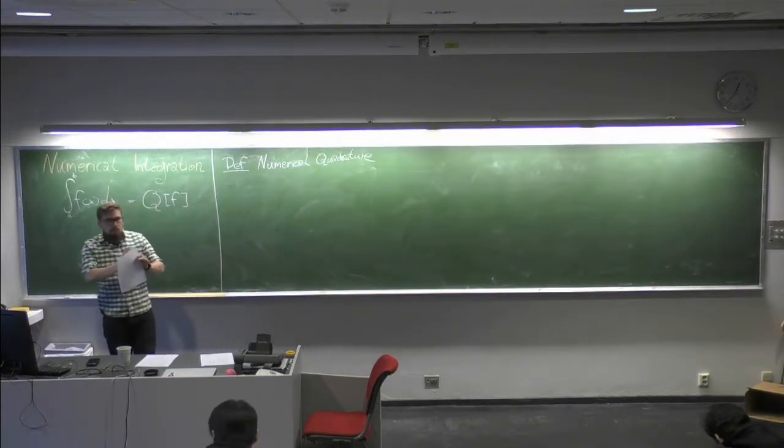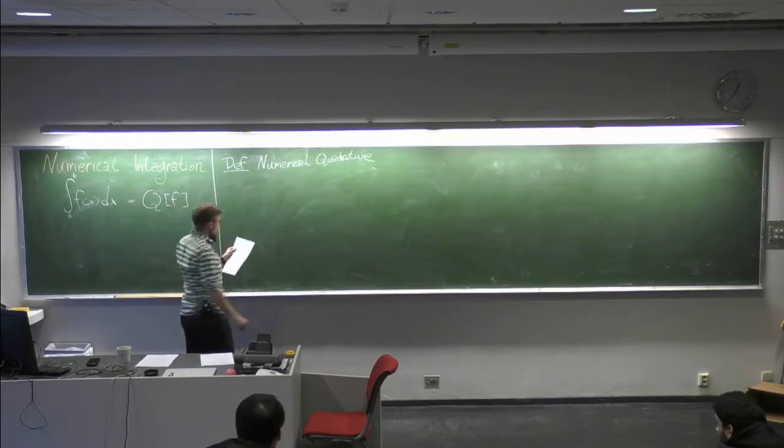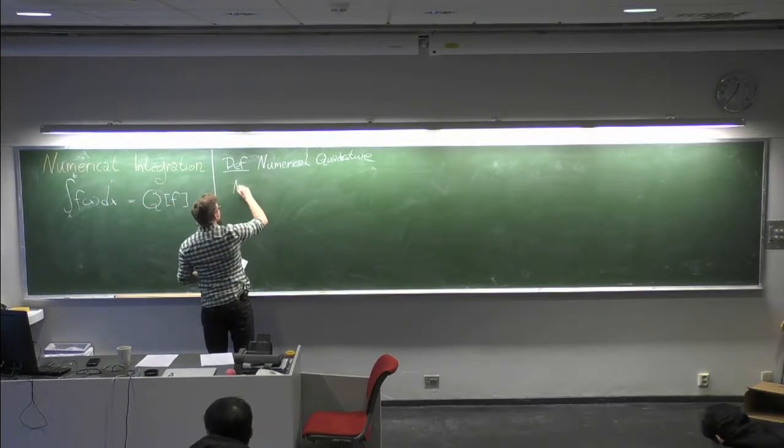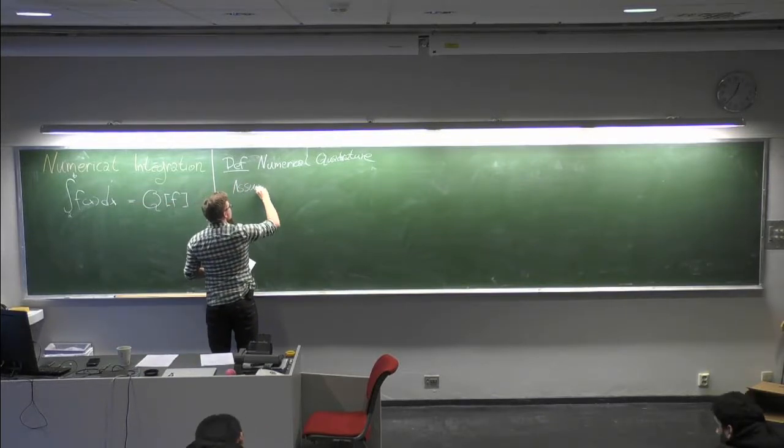So again, we will discretize the grid. We assume that we have some points.